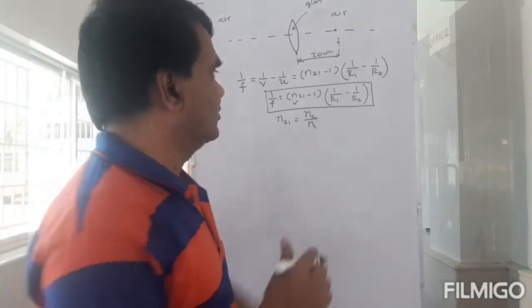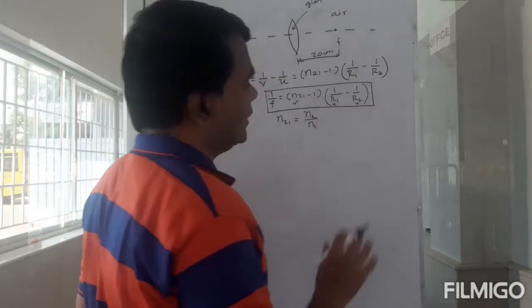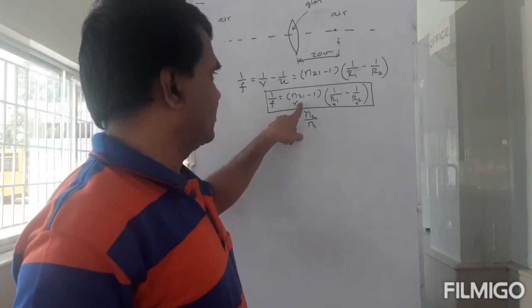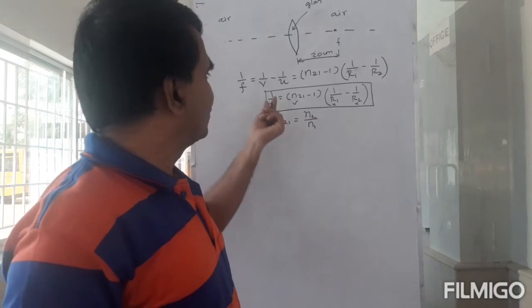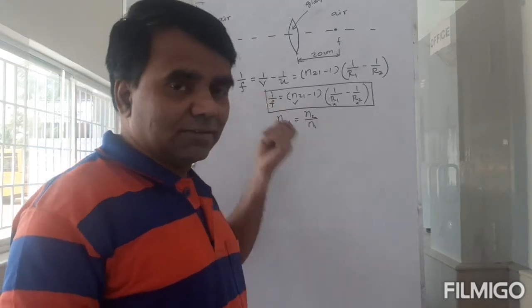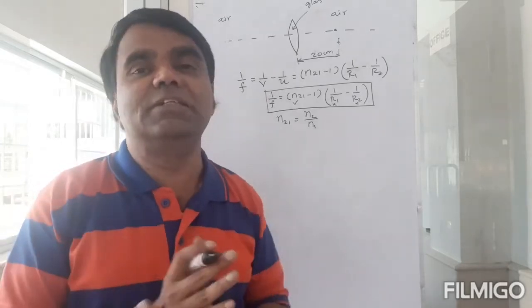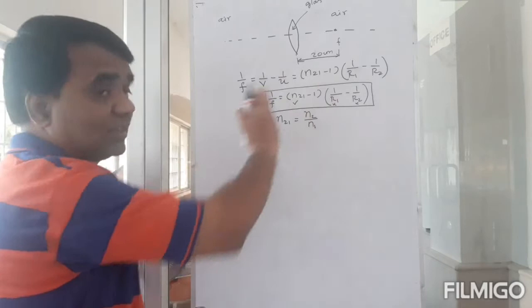So this will not change and this will not change. If you change the medium, this will change. So the focal length of a lens depends on the medium in which it is working. I want you to understand that part.